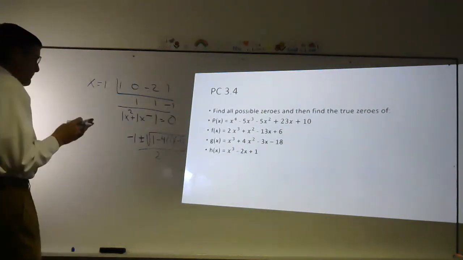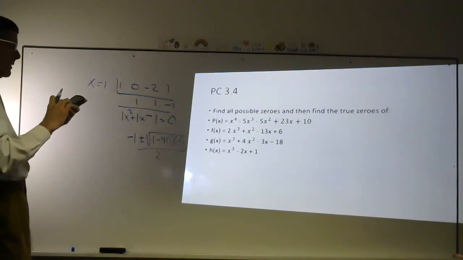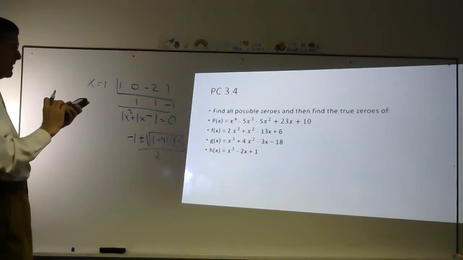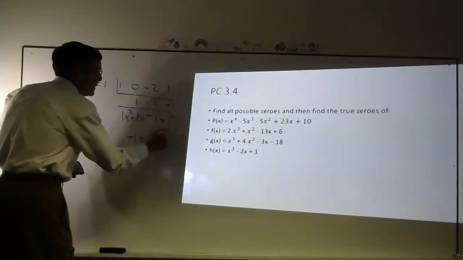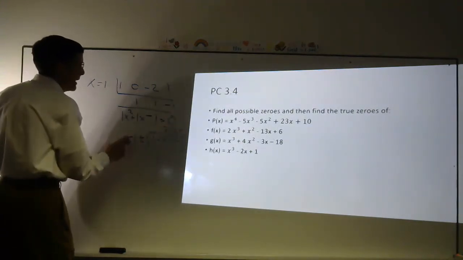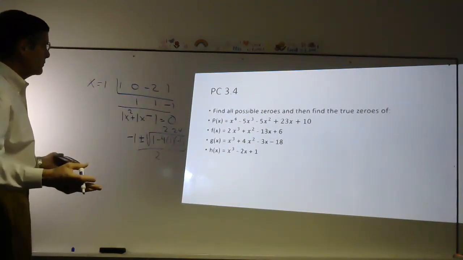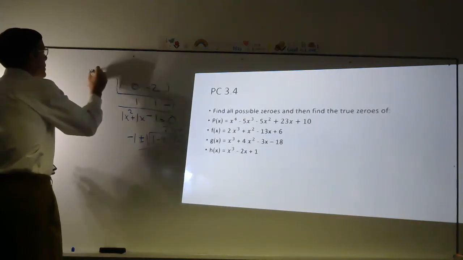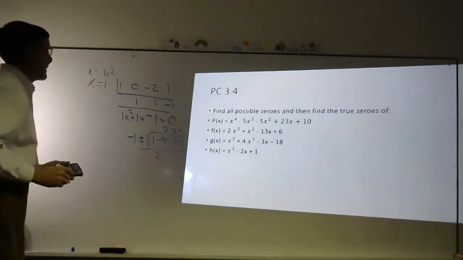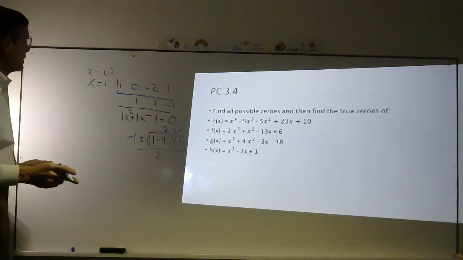Square root of 5 is 2.24. So I want negative 1 plus 2.24 is 1.24 divided by 2 is 0.62.